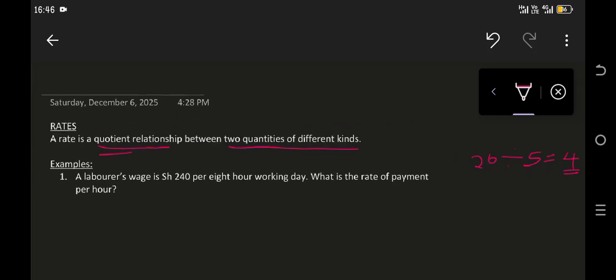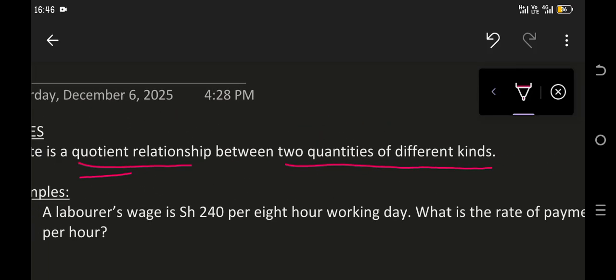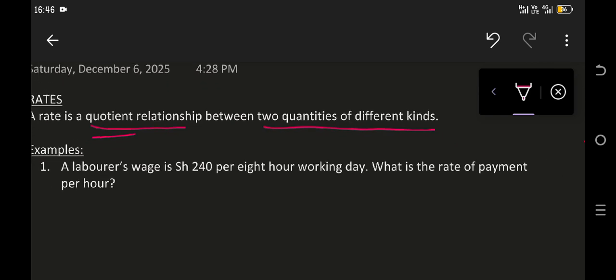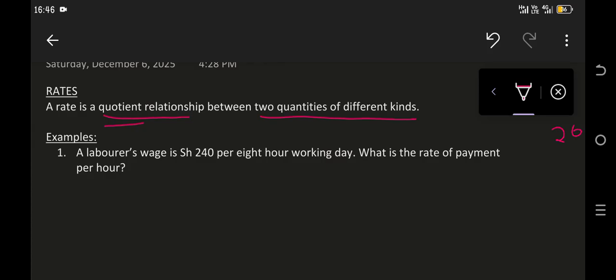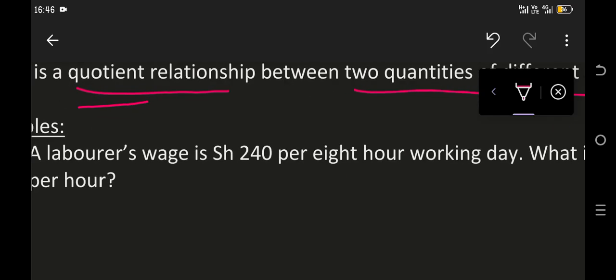Now, we are being told it is the quotient relationship between two quantities of different kinds. So this means that we will be dividing two types of quantities. For example, in this first question that we'll be looking at, we have wages and hours.